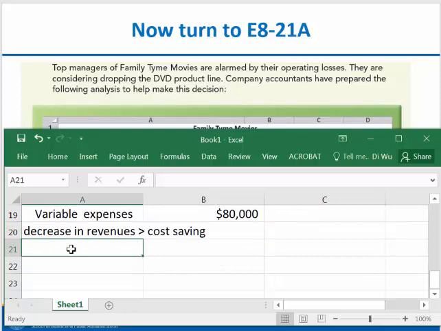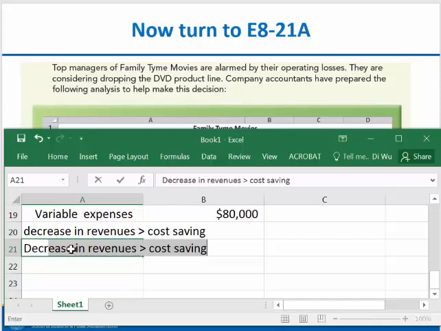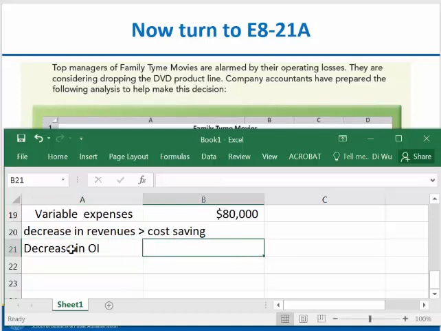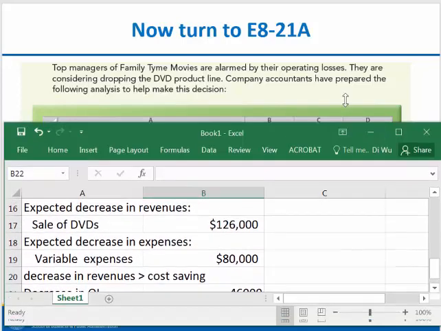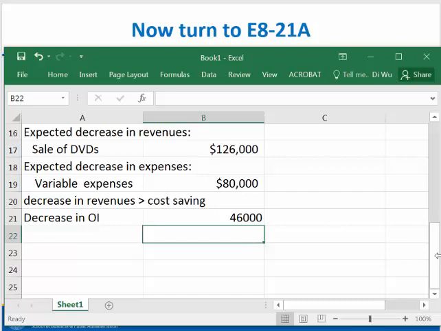Which means I'm losing money in this decision, and by how much? You will see a decrease in operating income of 126,000 minus 80,000, which is 46,000. You're going to lose 46,000 in operating income.